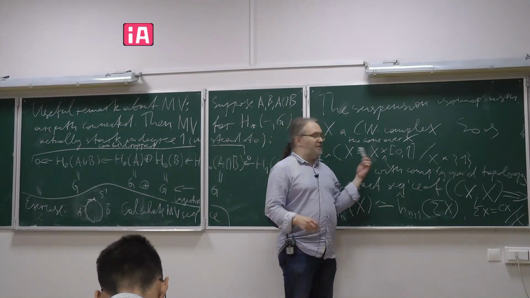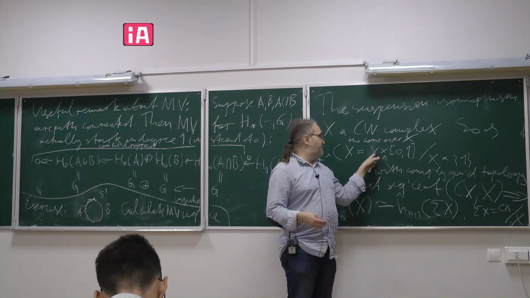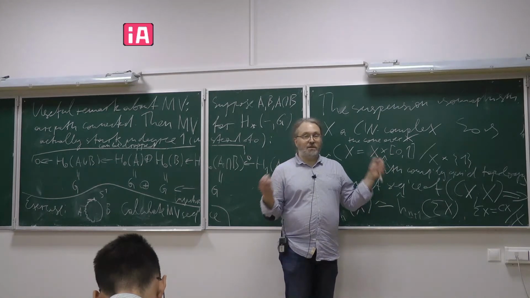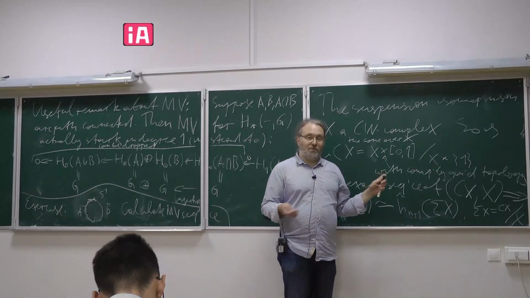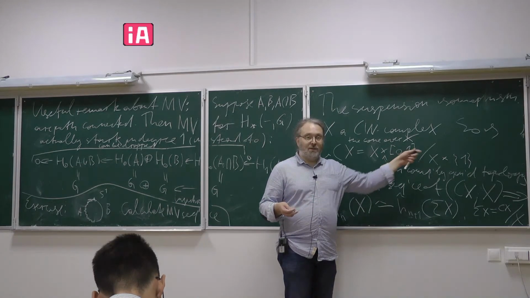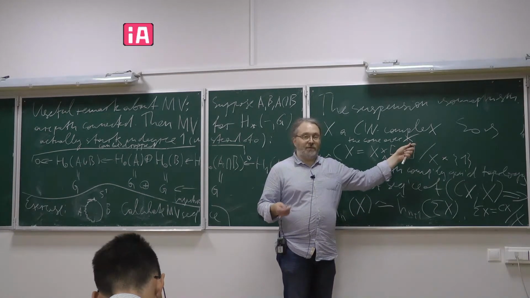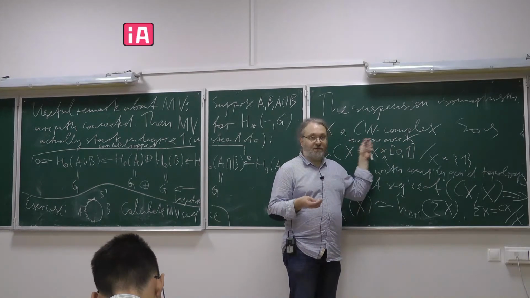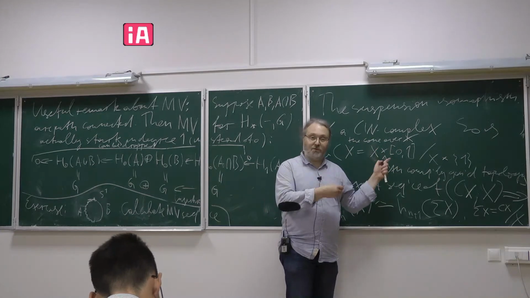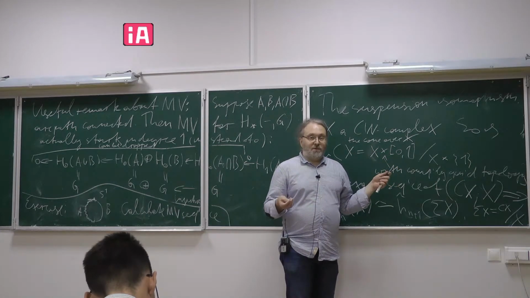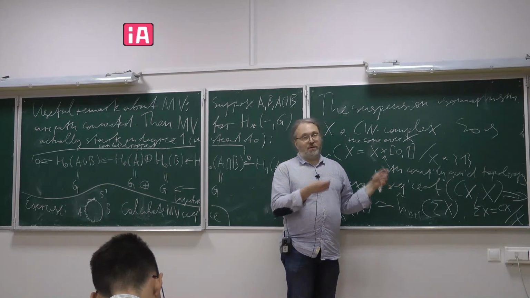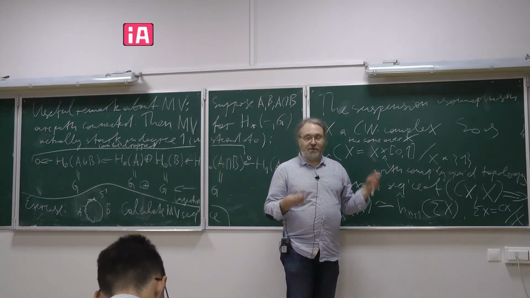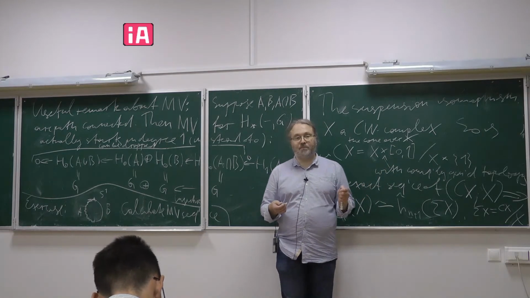Well, if it so happens that this thing is not a CW complex, which I'm not sure is actually something we need to worry about. But even if it is not a CW complex with the product topology, we can always take the compactly generated topology by the product topology and get a genuine CW complex.